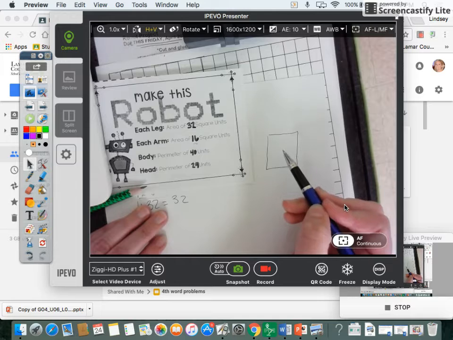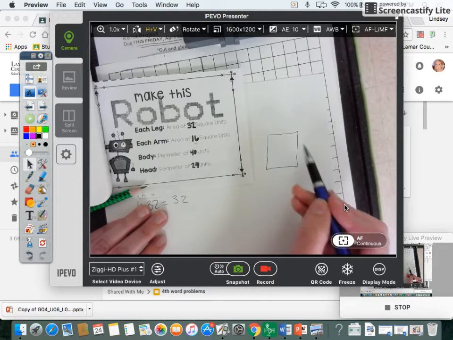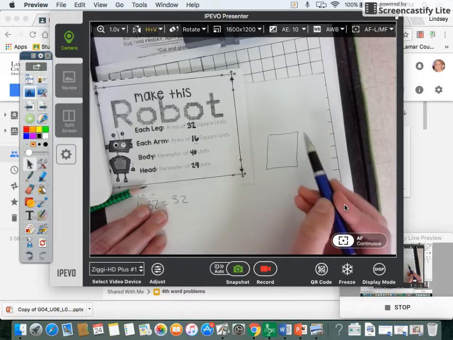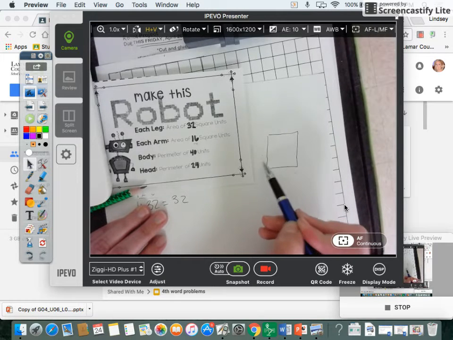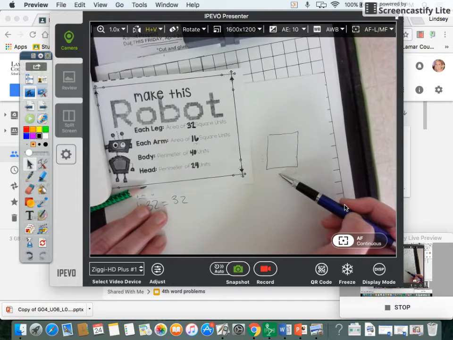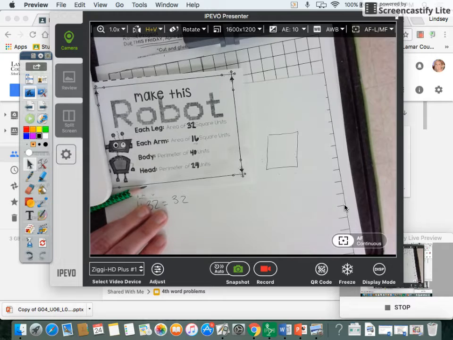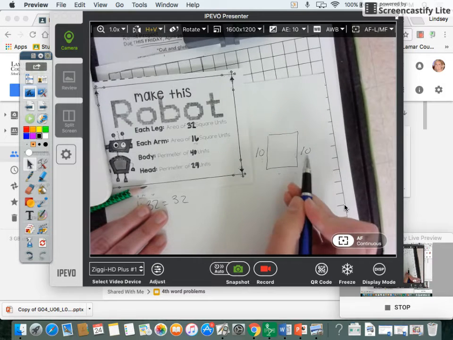So I can pretty much pick any numbers I want here, as long as when I add it up, all the sides are 40. But I know that this side and this side must be what? Equal, and this side must be equal. So just give me a number that our body could be. 10. Okay, so if it's 10, this side would have to be 10. So that'd be 10 and 10, that'd be 20.